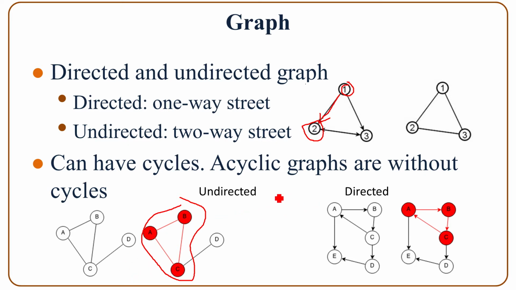And the example on the right is the case for a directed graph, in which we can see the cycle. From A, we can get to B. From B, we get to C. And from C, we can get to A.